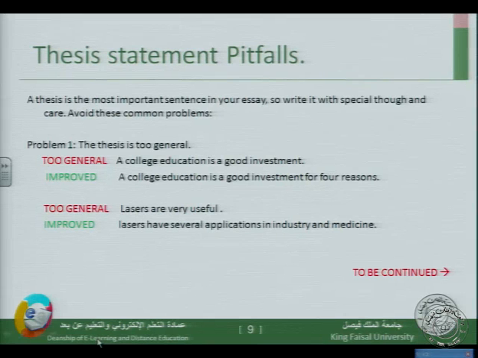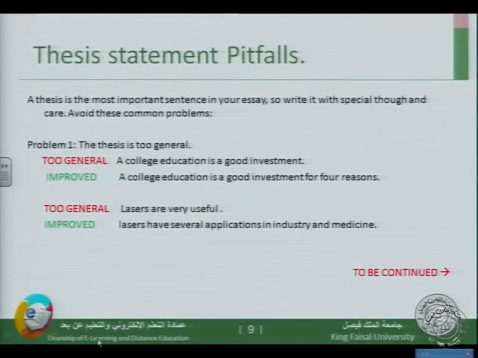You're going to mention 4 things. You're going to mention 4 reasons. And these 4 reasons come from you. And you need to convince me how college education is good using these 4 reasons. So you need to support your reasons.